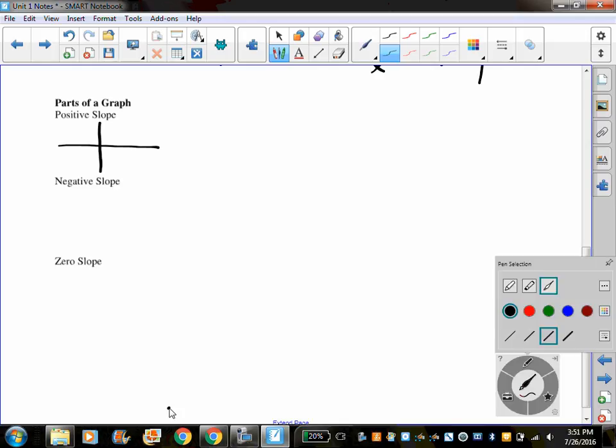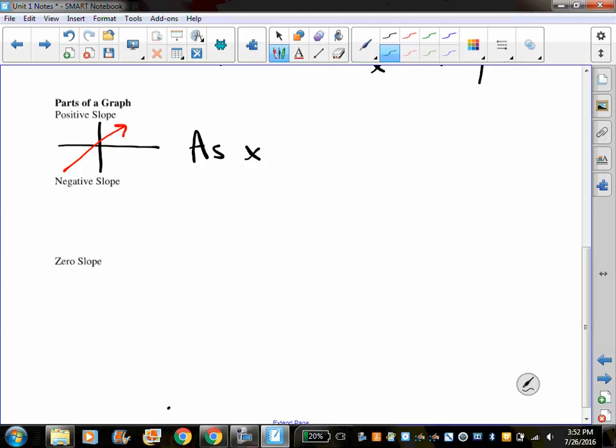So positive slope might look something like that. It doesn't have to look exactly like that. It can be really anywhere on the XY coordinate system. The important part of having a positive slope is just that as your X values increase, your Y values will also increase.